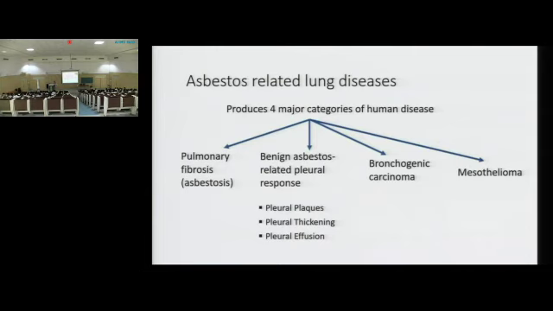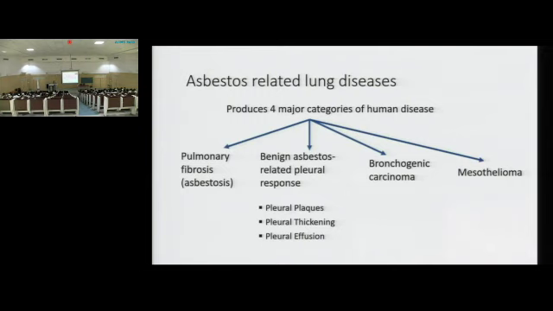So again, asbestos produces four major categories of human disease, ranging from benign forms to malignant. In the malignant counterpart, these patients may develop, over a long duration, mesothelioma or bronchogenic carcinoma.